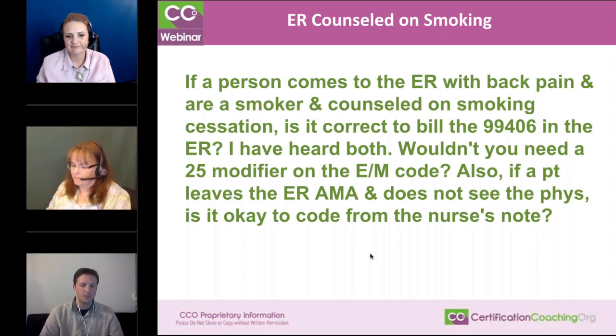Same thing with BMIs. We can't code strictly just by the BMI. The provider has to document obesity, morbidly obese, something like that. We cannot code just off the nurse's notes. We can use it as a way to perform CDI or documentation improvement with providers, but we cannot code from it.